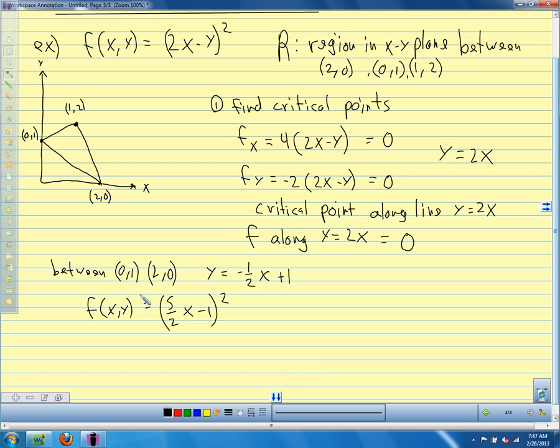Zero, right? So if this is 0, my value is 1. Anything between 0 and 2 is going to give me a larger value here.